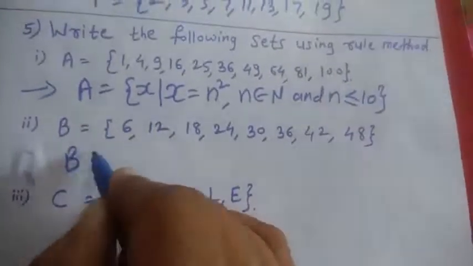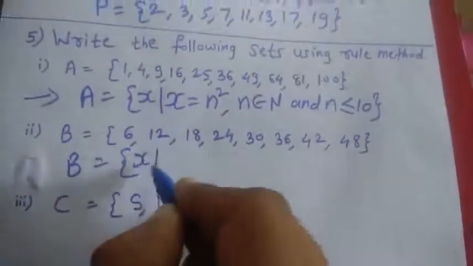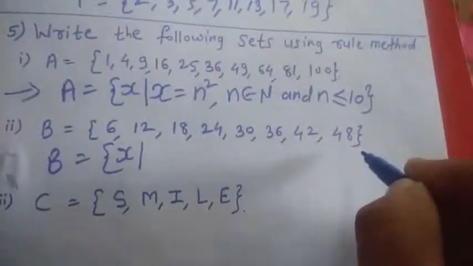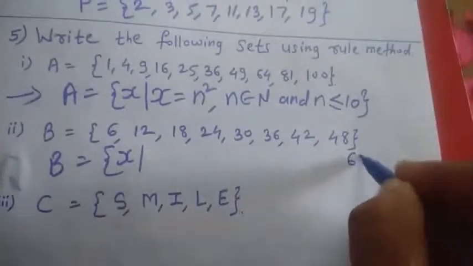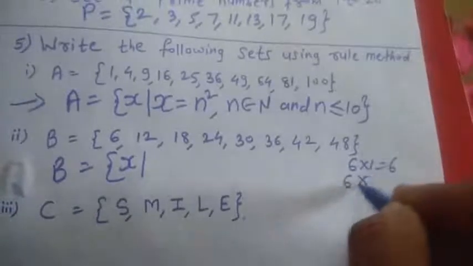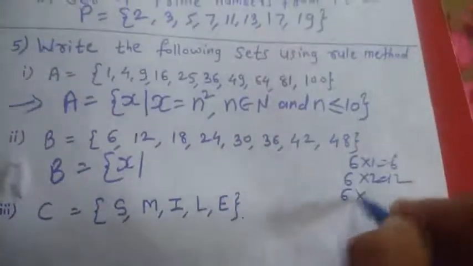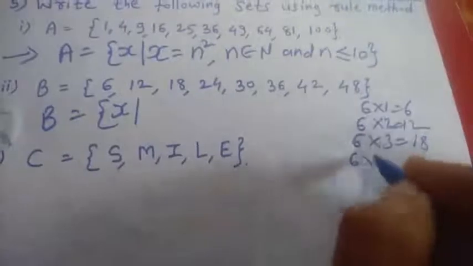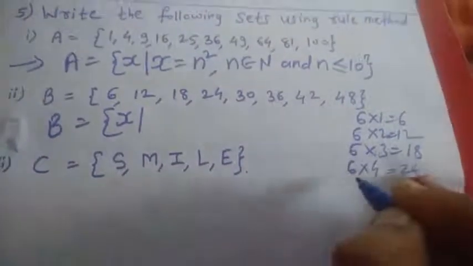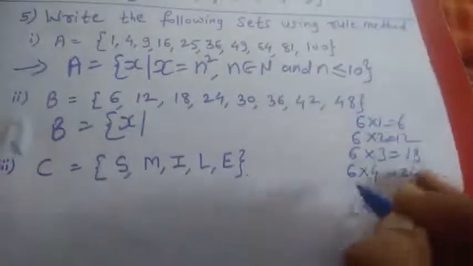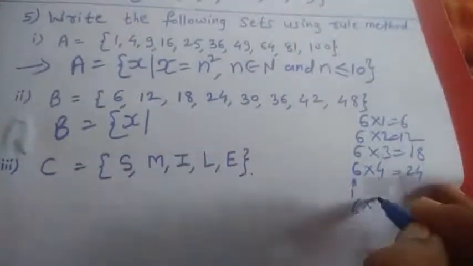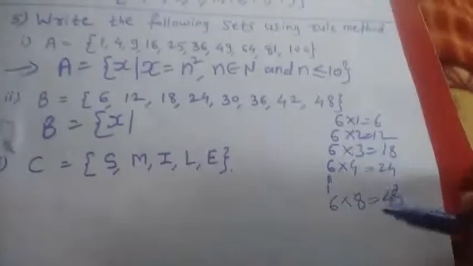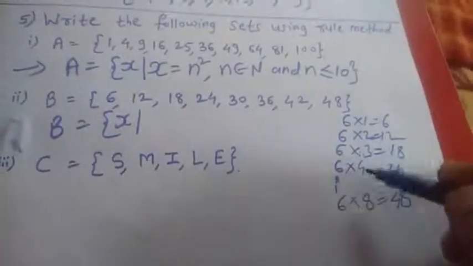So B is equal to x such that, now these are the multiples of 6. 6 into 1 is 6, 6 into 2 is 12, 6 into 3 is 18, 6 into 4 is 24, likewise 6 into 8 is 48. So n runs from 1, 2, 3, 4 up to 8.